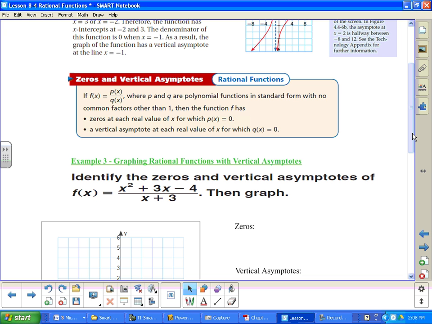That's where we have x-intercepts. And where the denominator is equal to 0, we have vertical asymptotes. We're going to wait until we go into the next problem to do it. But where the numerator equals 0 is where we have zeros or x-intercepts. Where the denominator is equal to 0, we have vertical asymptotes.